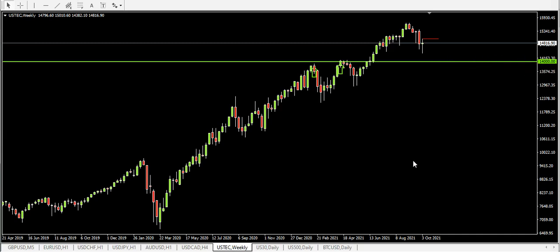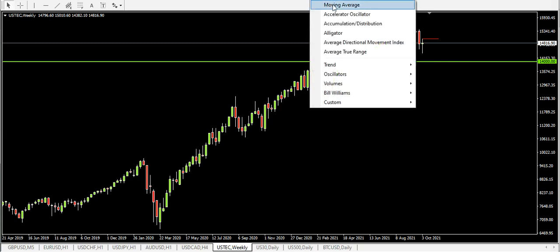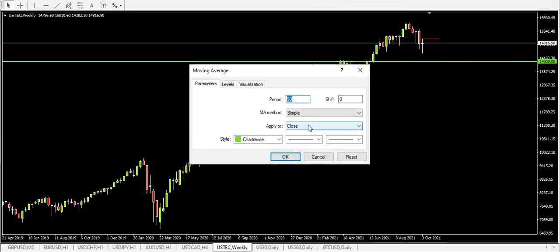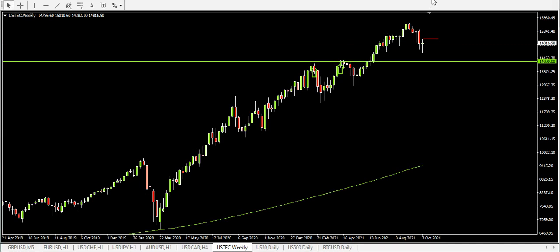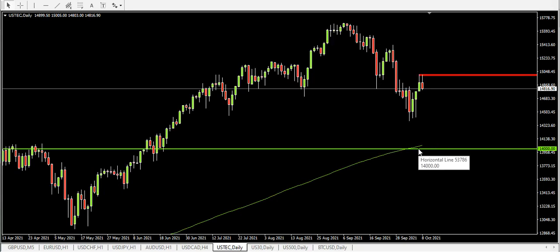Now I'm going to do one more technical thing here, which is draw another moving average, because I believe the 200-day moving average is at the same point on the daily chart. So I've just drawn that in on the weekly. Now if I go down to the daily, yes, that's what I thought.